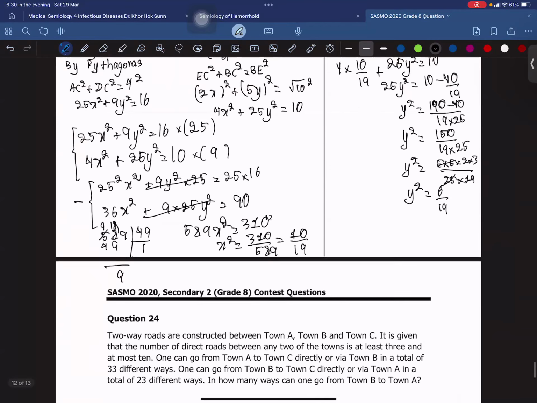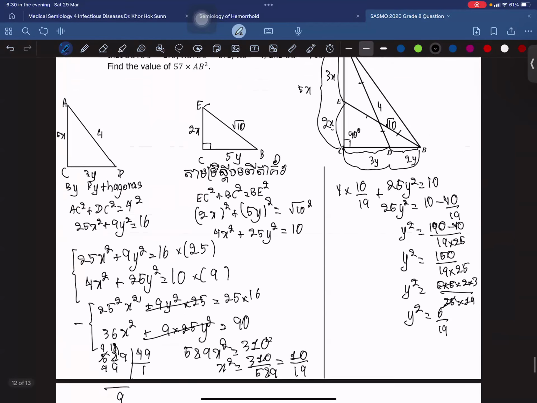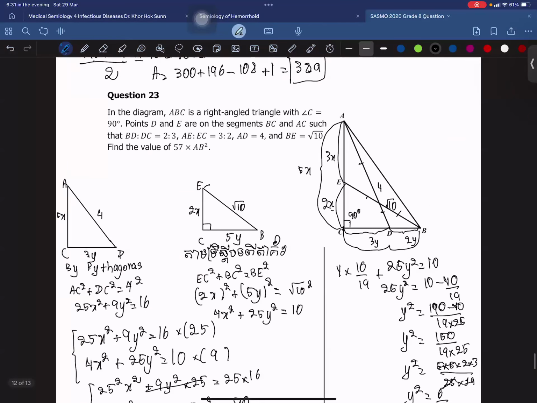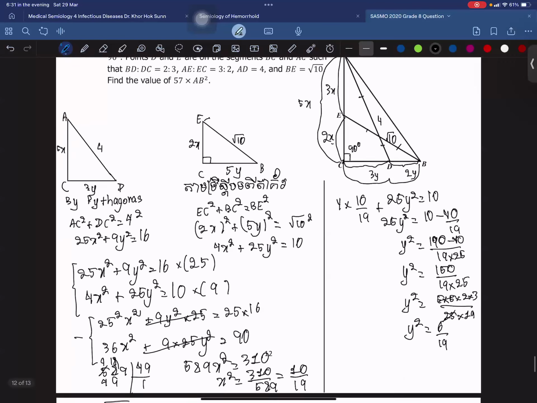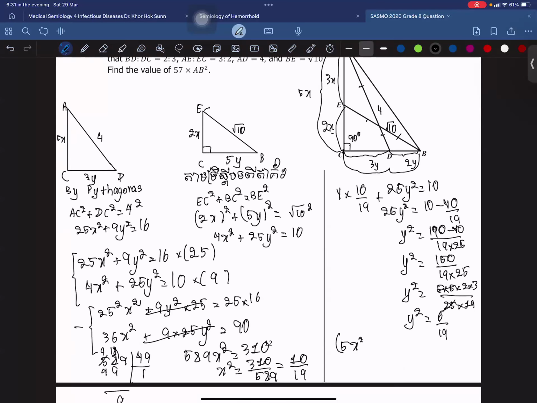We need to find the value of AB squared.